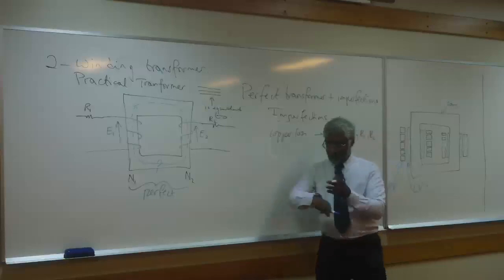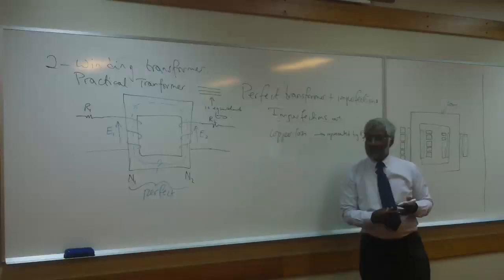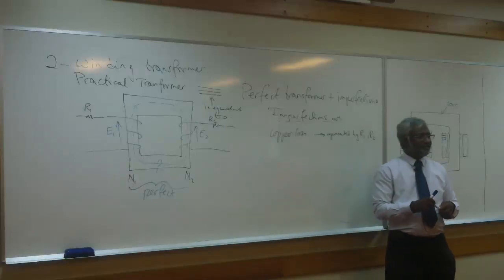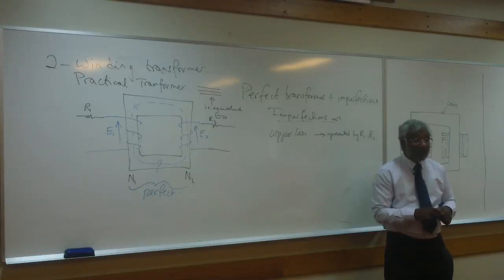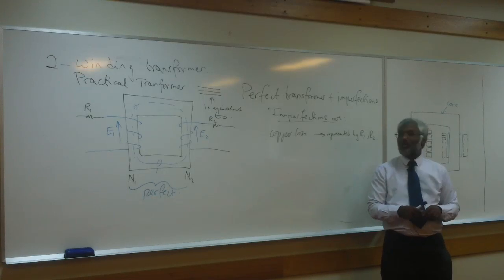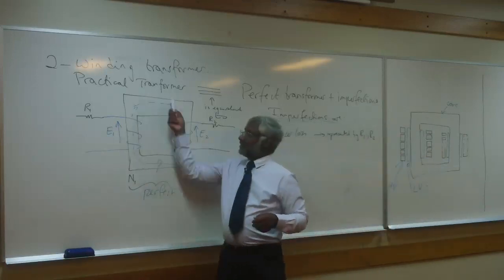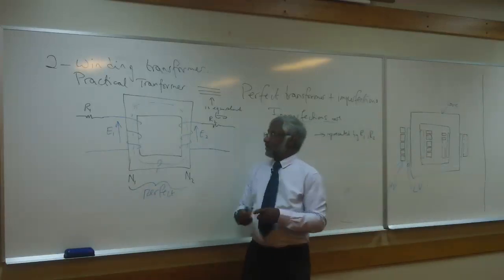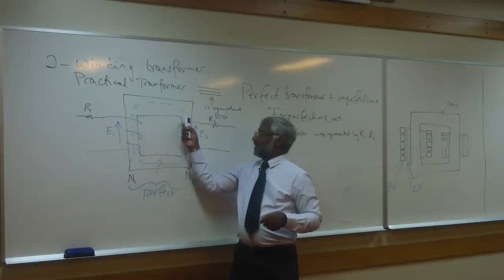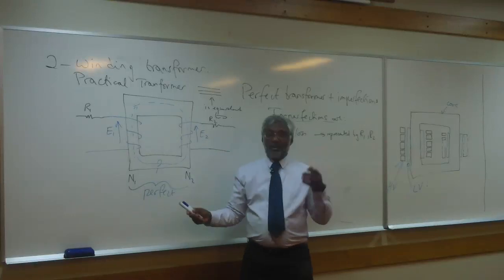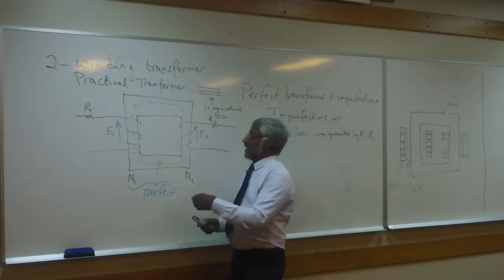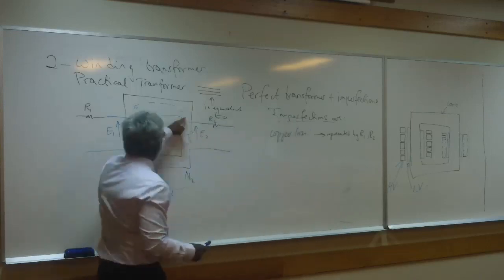Now, what other imperfections do you have for the transformer? Core losses, yes. And core loss is a result of the flux that is in there. What you have to picture in your mind is that this flux doesn't always go in that direction.